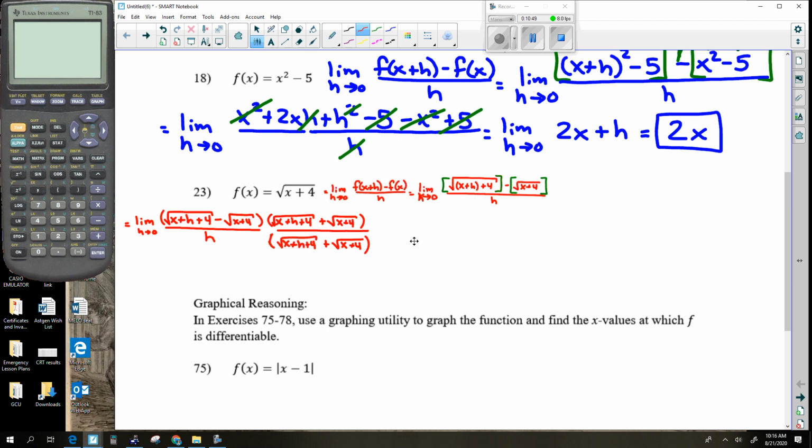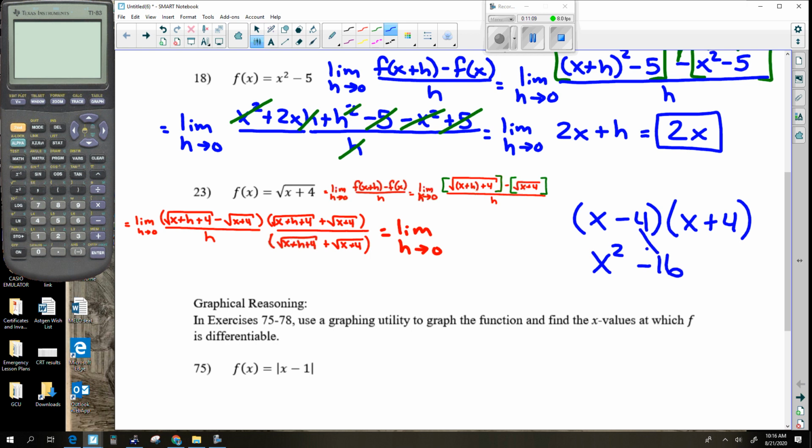The reason that I multiplied by the conjugate: think of something simplistic, x minus 4 multiplied by its conjugate, x plus 4. What you're going to end up with is x squared minus 16. So by multiplying by the conjugate, you're in essence squaring both of those terms.